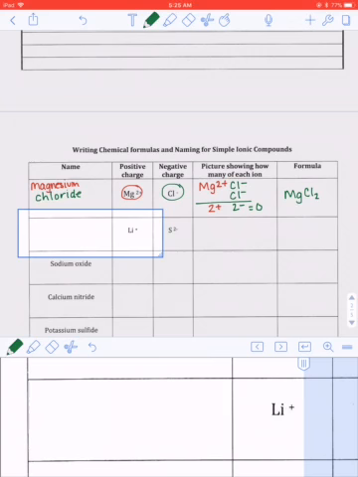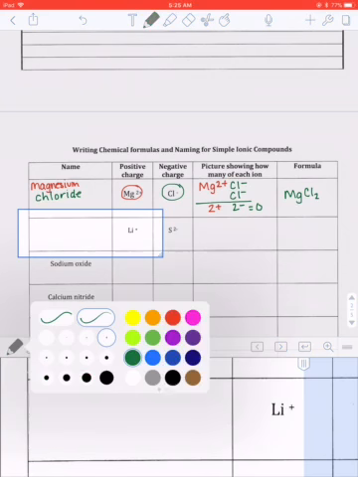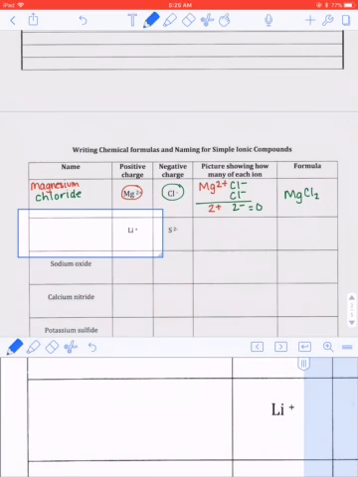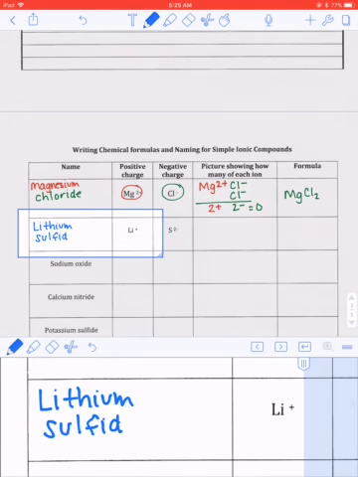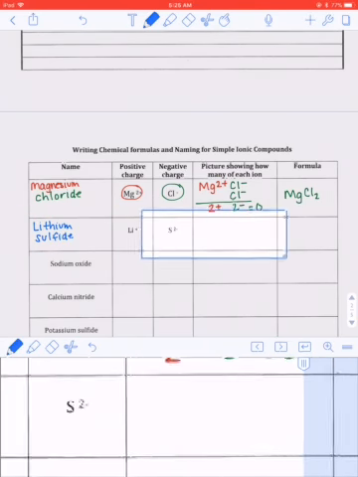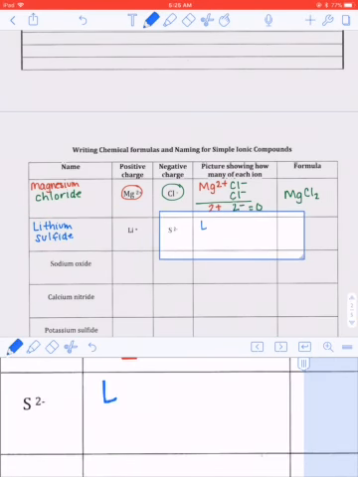So I'm not going to go through all those steps again. I'll still explain it, but again, we've got our metal. Look on your ion chart. The name of the metal is lithium. The name of the nonmetal you can find is sulfide. Okay, so let's write out our charges. We've got Li plus, we've got S 2 minus.